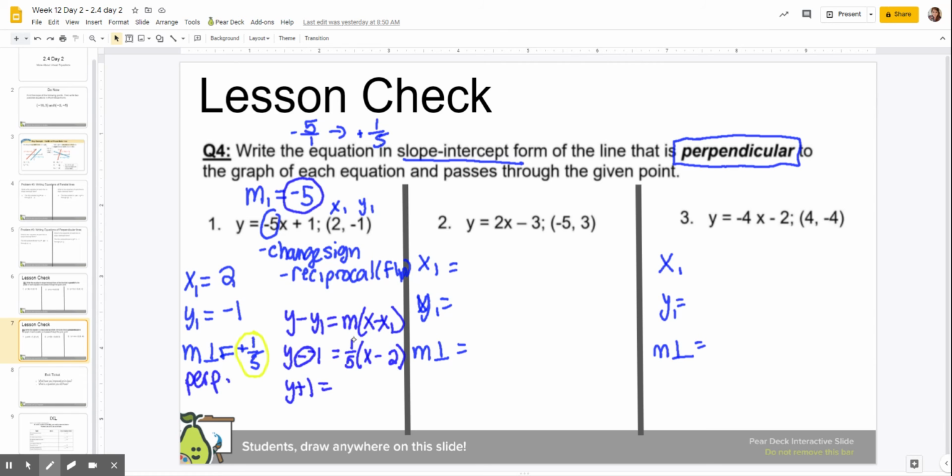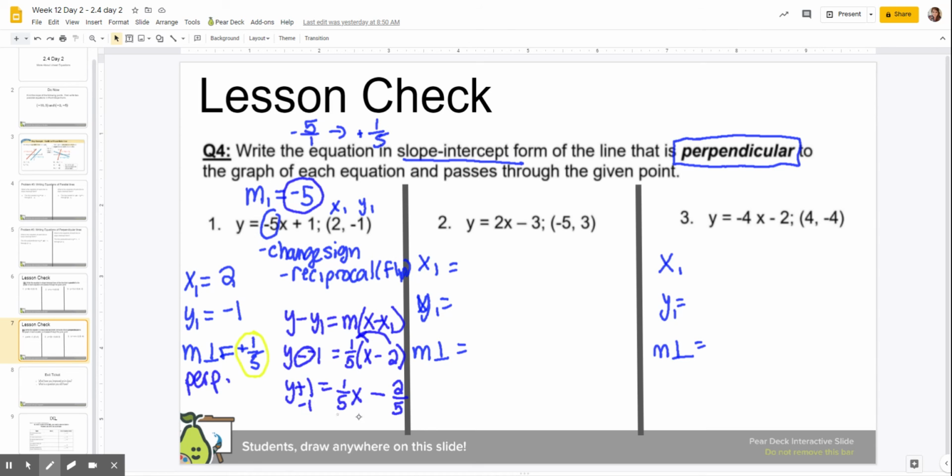And to get it into slope-intercept form, you distribute your slope. So 1/5 times x is just 1/5 x, minus 1 times 2 is 2 in the numerator, divided by 5 in the denominator.